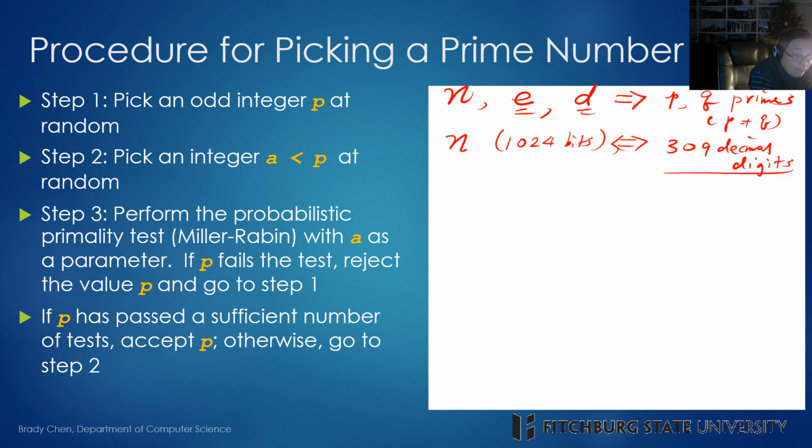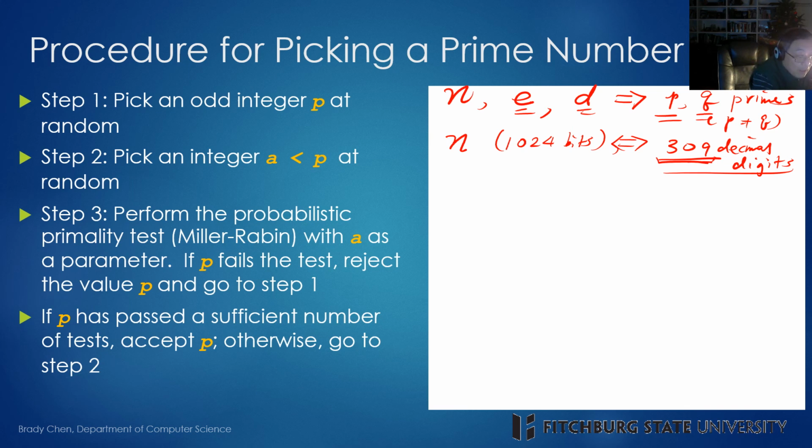If we want n to be around 300 decimal digits, then we must pick the two prime numbers p and q big enough, so that when they multiply, they give a number of about 300 decimal digits.